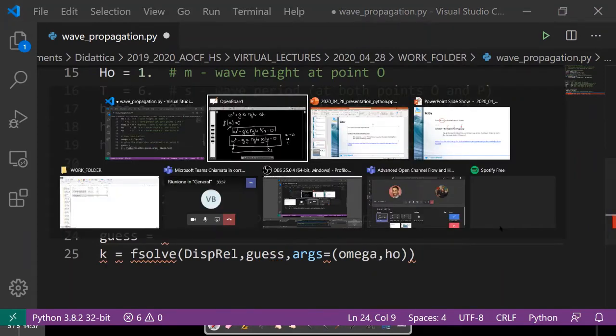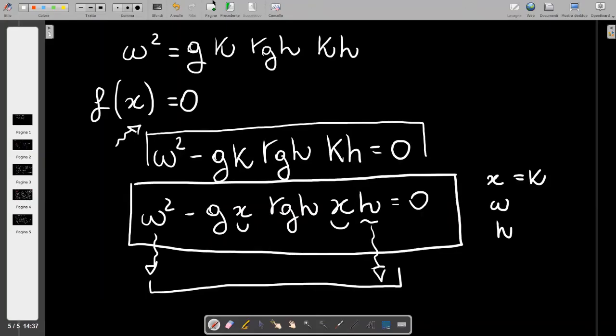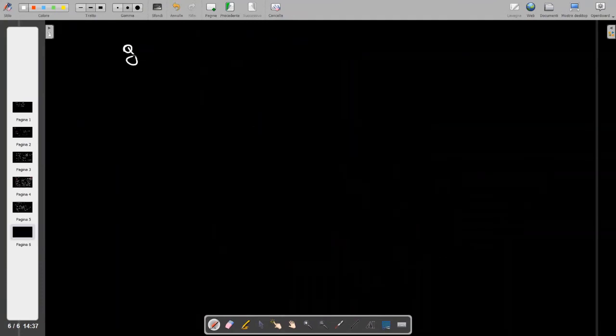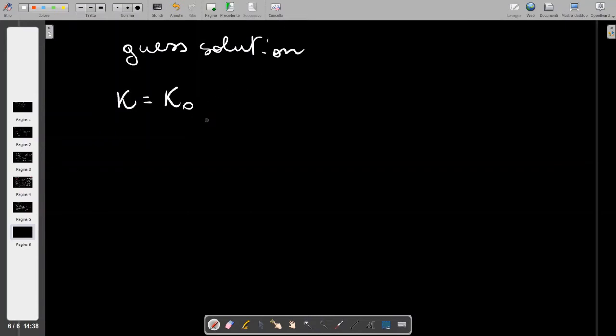And a good guess solution can be, in general, the offshore, or better, the deep water solution. Indeed, in deep water condition, the dispersion relationship reads in this way. So we have not the hyperbolic tangent.